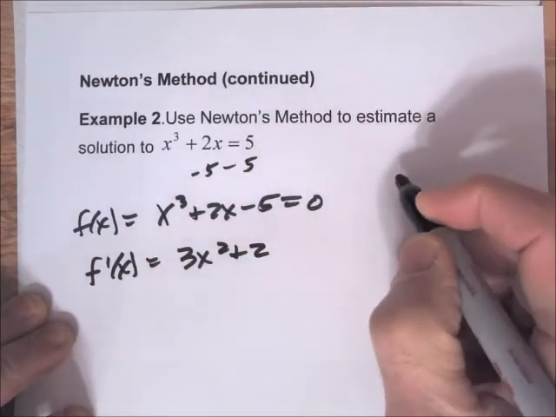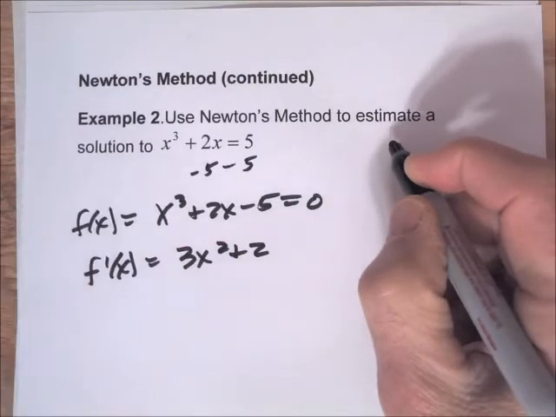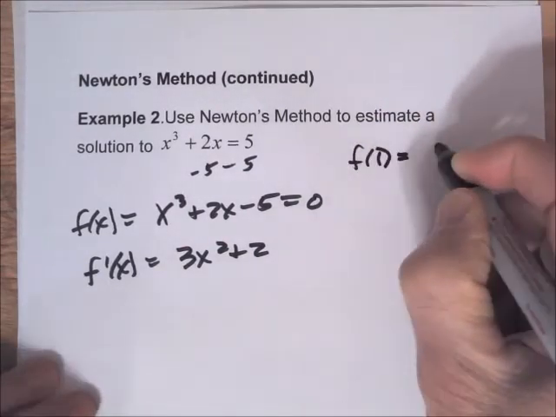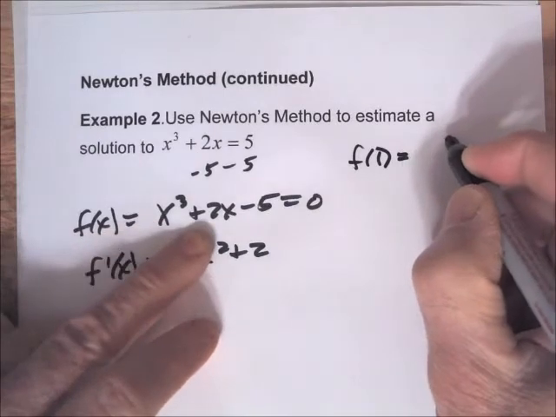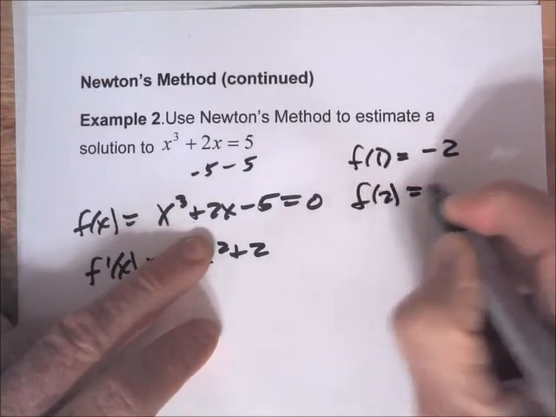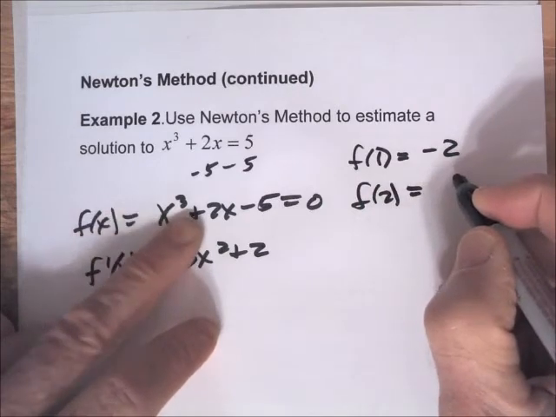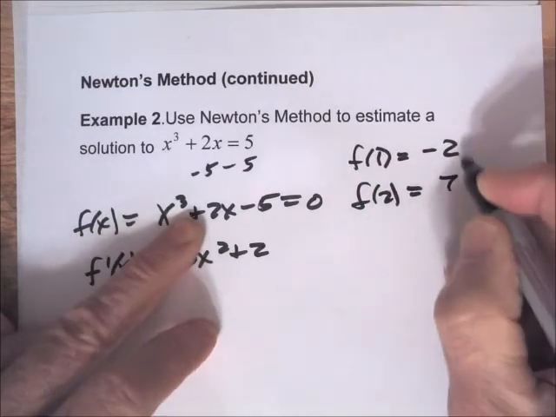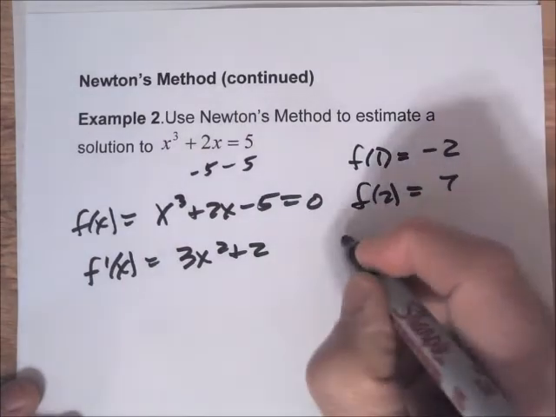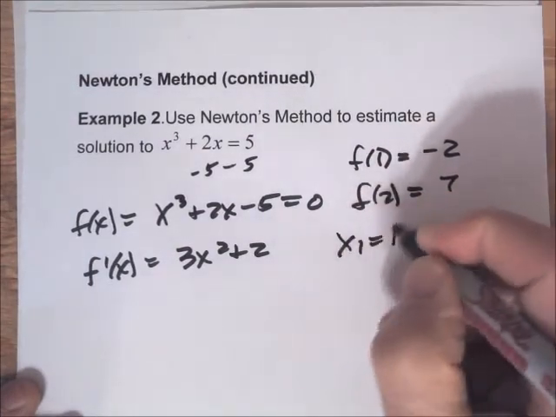And so let's make an initial guess here. f of 1 is 1 plus 2 minus 5, which is negative 2. f of 2 is 8 plus 4 is 12, minus 5 is 7. So there's a sign change between 1 and 2. It looks like it's going to be closer to 1, so we'll let x1 equal 1.